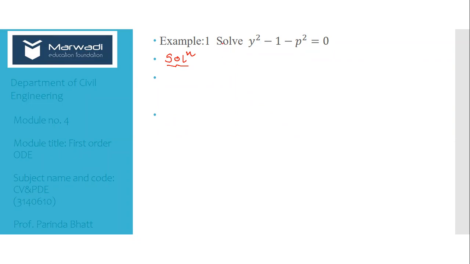The previous term, we are taking p common, therefore into the bracket 1 plus or minus 1 upon root of 1 plus p square, dp by dx equal to 0.